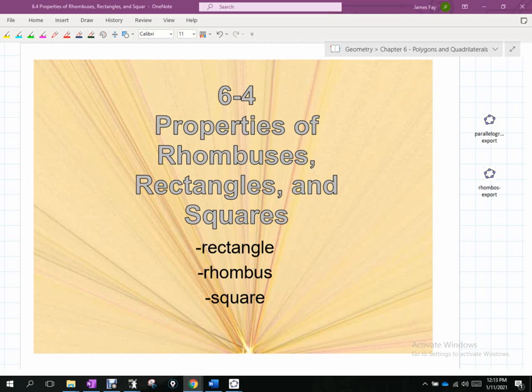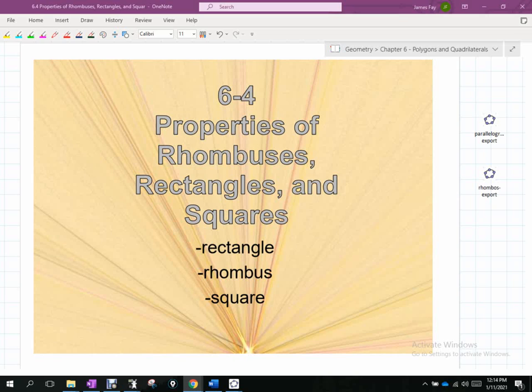Moving into 6-4. We're going to talk about some special types of parallelograms. These are usually referred to as special parallelograms. I think that question we just did is a good segue into this discussion, because we saw that in our example, all segments were radical 13.